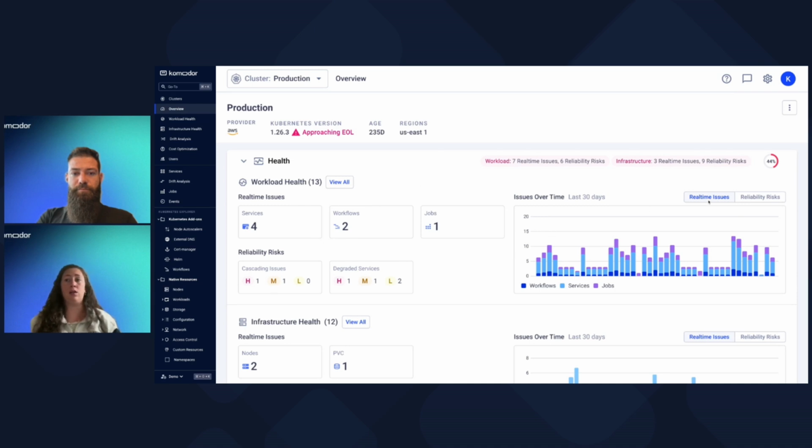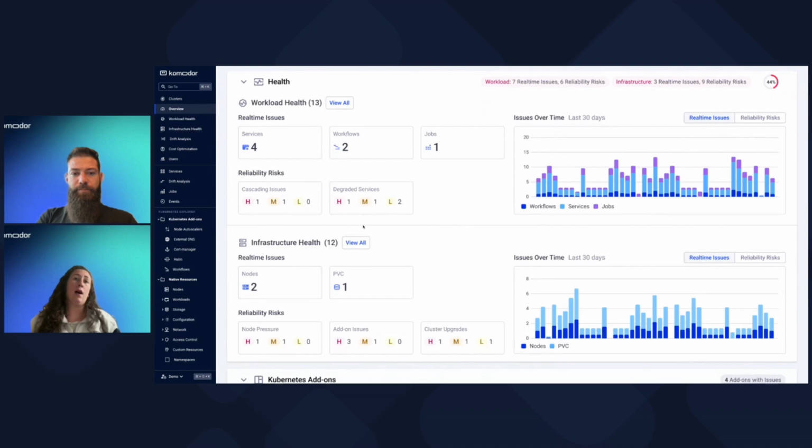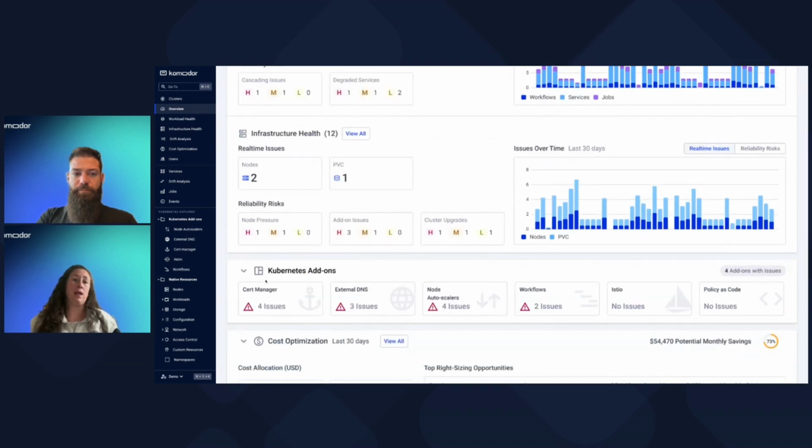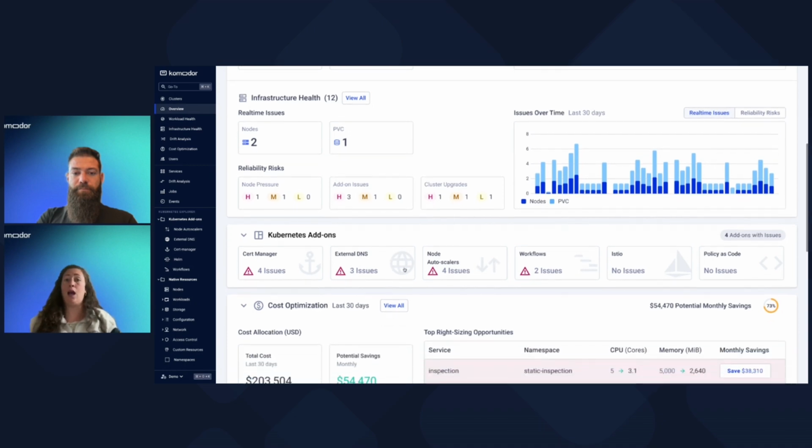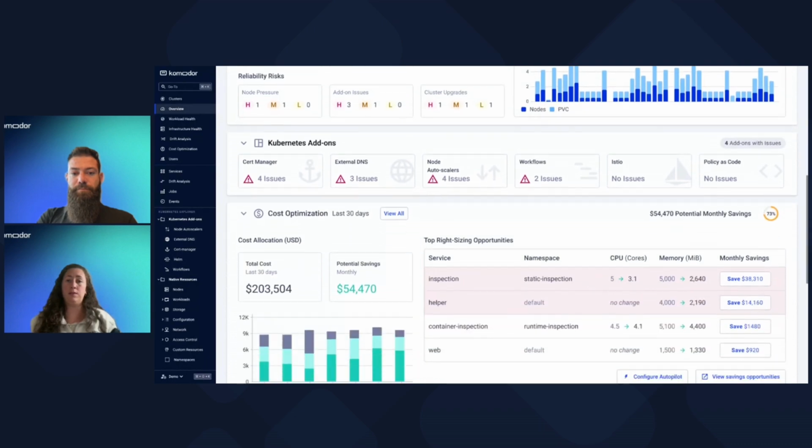So you can see here both real-time issues as well as reliability risks for both the workload and the infrastructure. You can see the health of the Kubernetes add-ons, so things like cert-manager, external DNS, node autoscalers, etc. And you can see how many issues each one of them have, and you can, of course, dive in from that point.